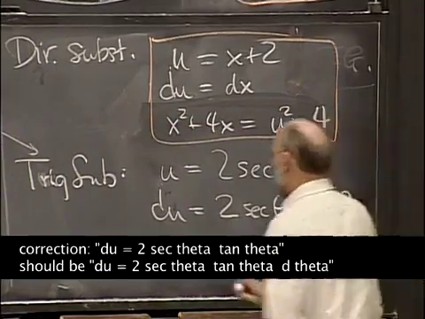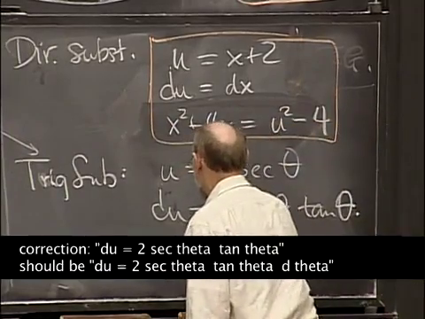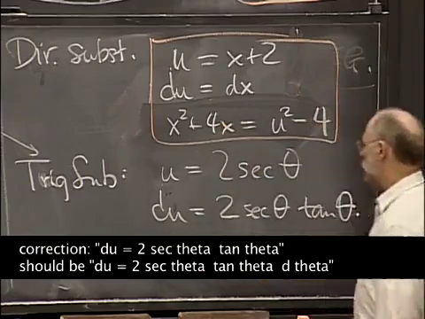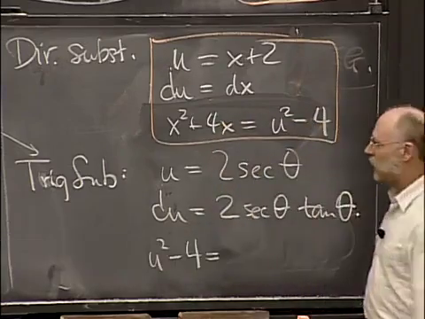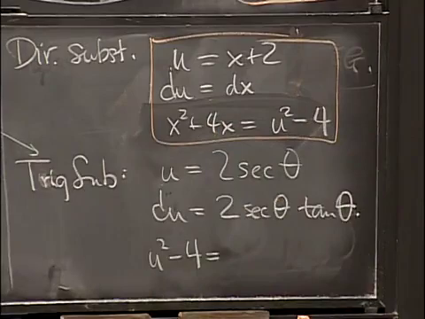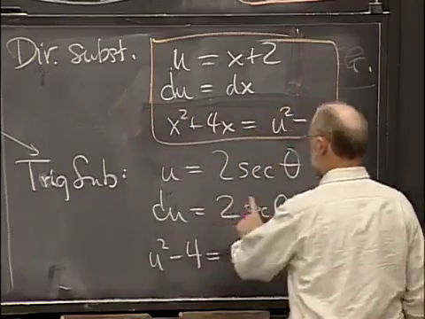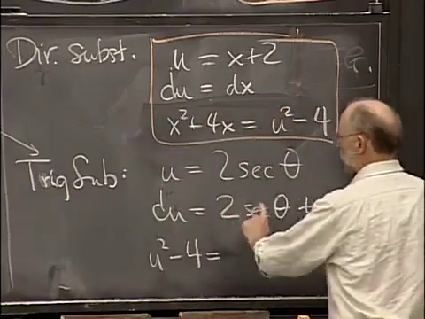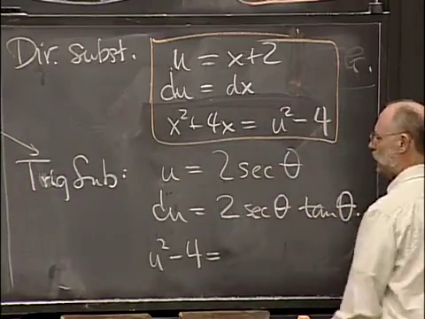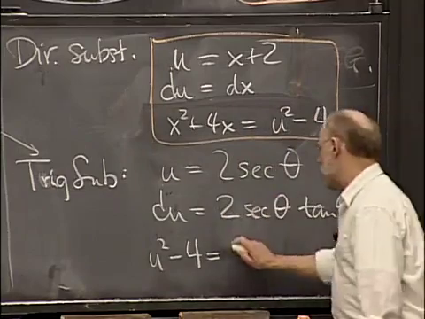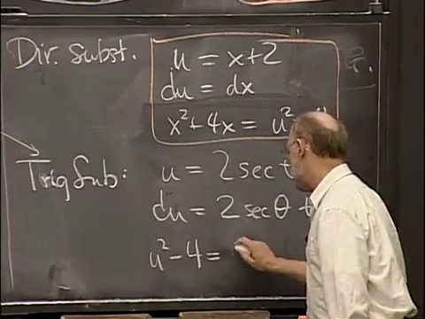And u squared minus 4 is, here's the payoff. I'm supposed to be able to rewrite that in terms of the tangent, according to this. u squared minus 4 is 4 secant squared minus 4, and secant squared minus 1 is tangent squared.